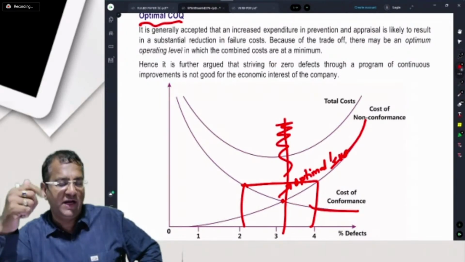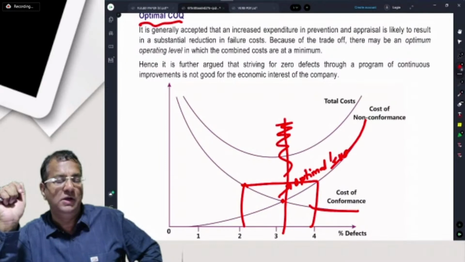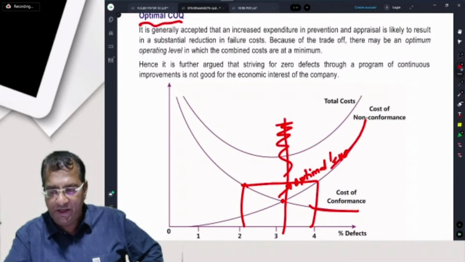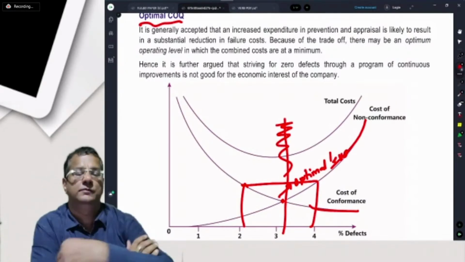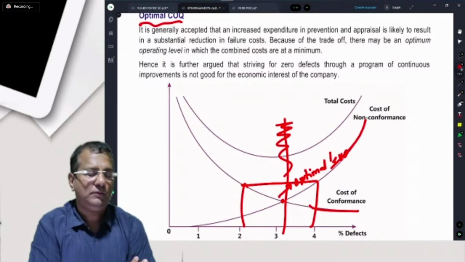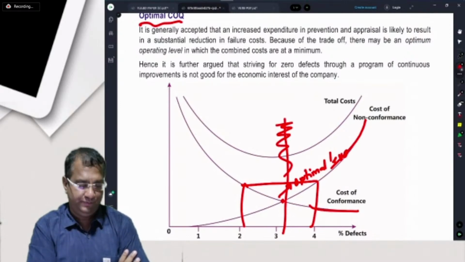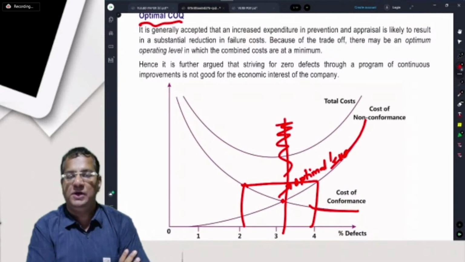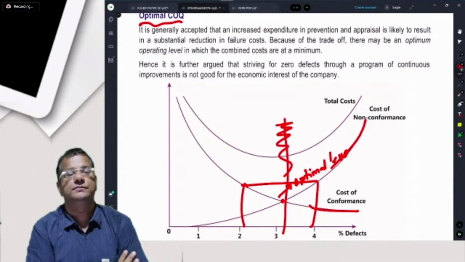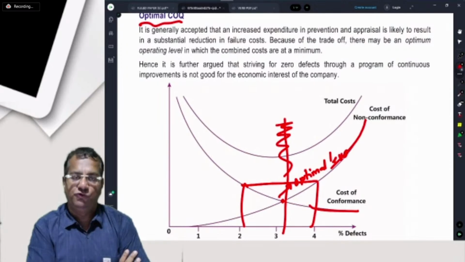Next line, drop one line and then write down through red pen. This is very important. The desirable cost of quality is known as optimal COQ. The desirable cost of quality is known as optimal COQ. Full stop.